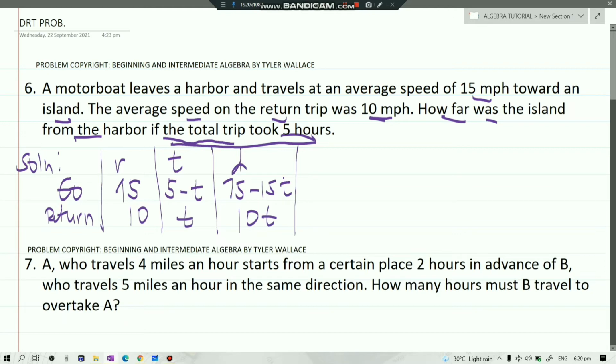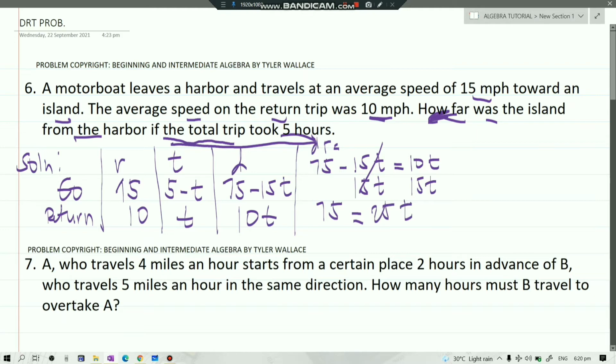So, anong gagawin natin after that? So, equate mo lang din sila since wala naman tayong given na total distance. Kasi yun nga yung hinahanap how far. So, that is 75 minus 15t is equals to 10t. Okay? Then, ano yung pwede nating ipang-equate? So, we have 15t and 15t. Cancelled out.